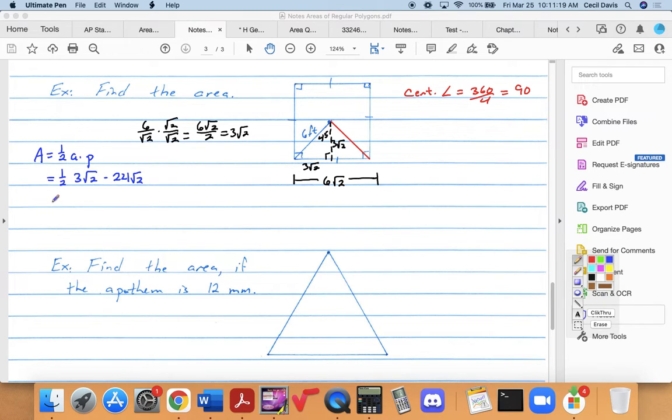So I'm going to group this way. 1/2 of 3 times 24 times the square root of 2 times the square root of 2. What's the square root of 2 times the square root of 2? 2 times 1/2 is 1. So all that multiplies together to be just 1. So I just have 3 times 24, 72 square feet.